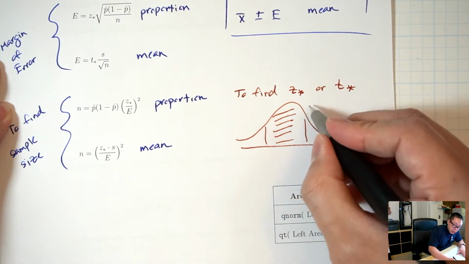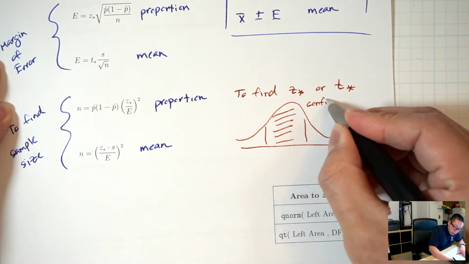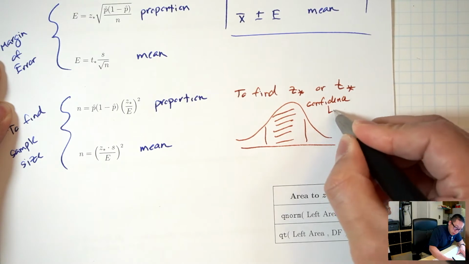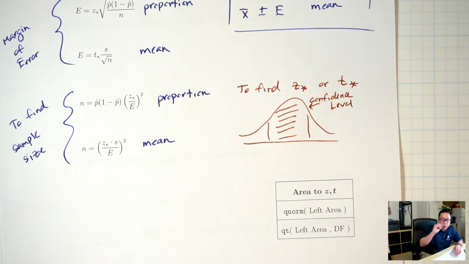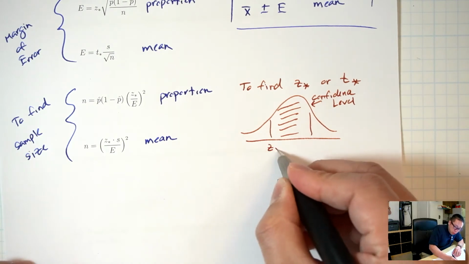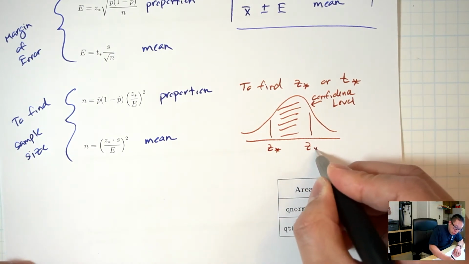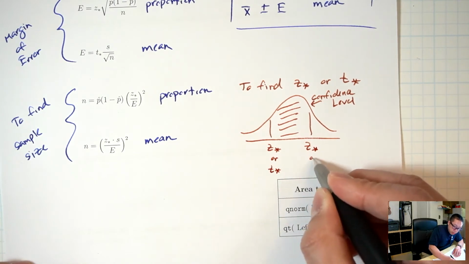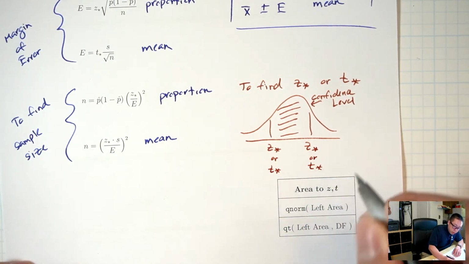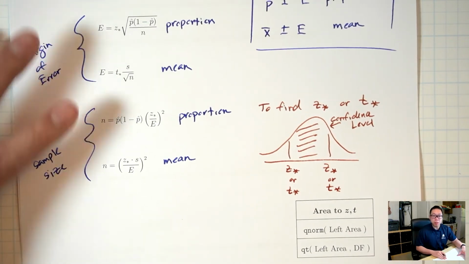The shaded area is our confidence level. And you're either going to look for the Z stars or T stars, depending on what your formula is requiring.